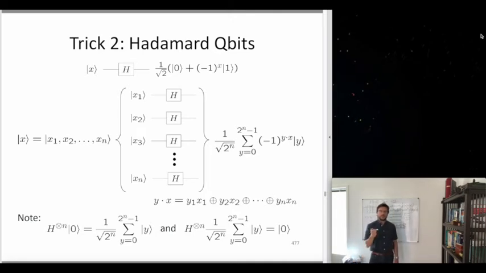And the second trick, which is not really a trick, you already know: we are operating on Hadamard bits, which means on superposition. That allows us to evaluate every possible input at once, which is one of the remarkable strengths of quantum computers. If an algorithm can evaluate all possible configurations of the system, therefore all possible inputs of a problem, maybe at once, this is where a lot of the speed comes from, the conceived speedup.